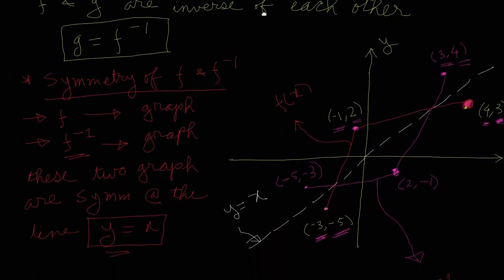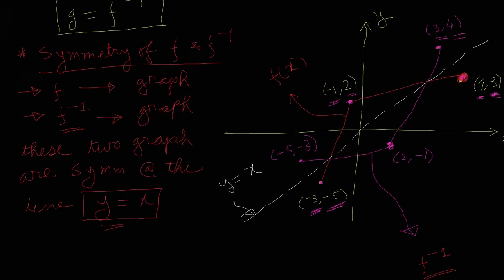Now the last thing we have seen in the last video is the symmetry property of a function with its inverse function. What we have seen is that the original function f of x and the inverse function are symmetric about the line y equals x.